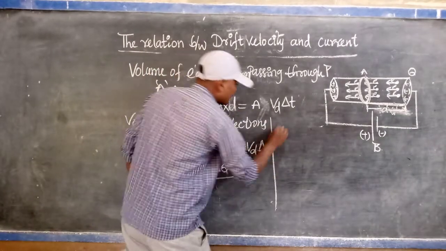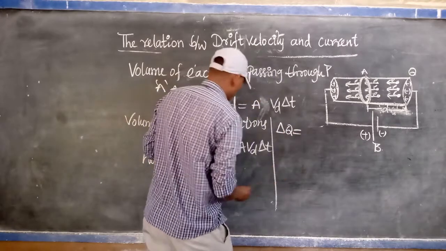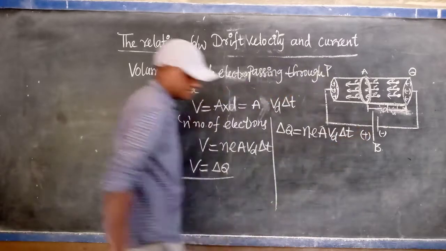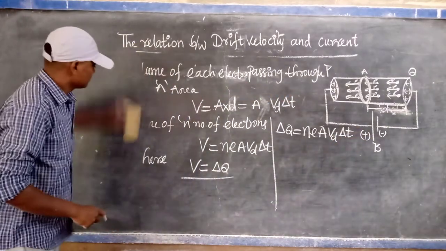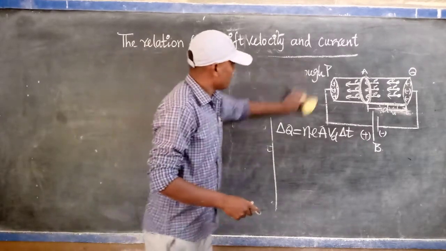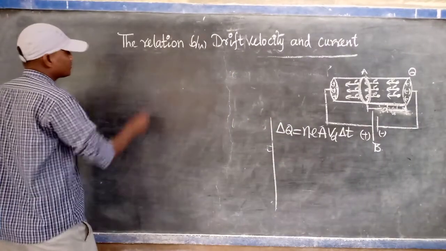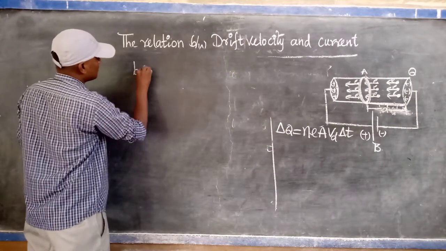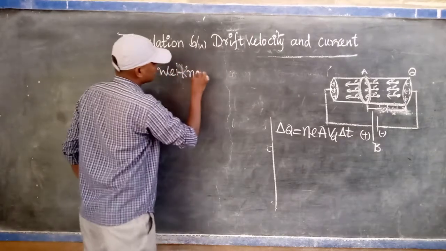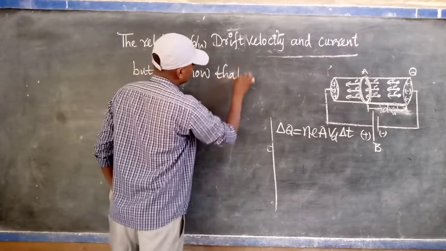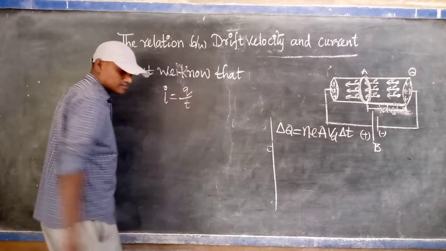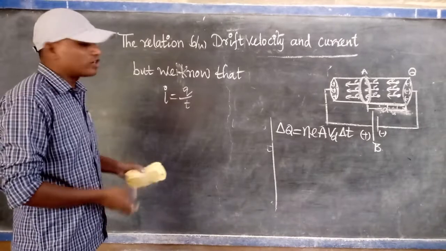Now here, delta Q is equal to nEA Vd into delta T, because V is equal to delta Q. But we know that I is equal to Q by T, current is equal to charge upon time.